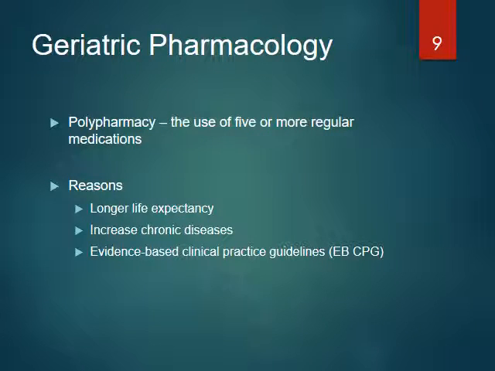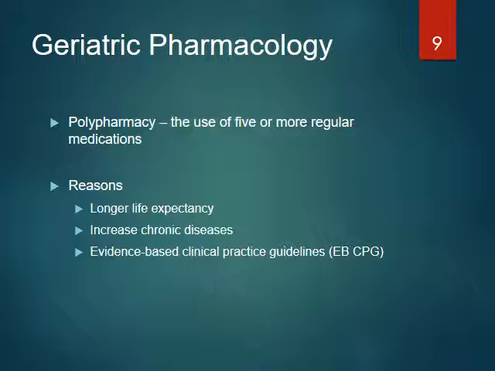So polypharmacy is going to be a big thing when dealing with geriatrics. We'll consider this to be the use of 5 or more medications on a regular basis. And as your patients are getting older, as they get more medically complex, you're going to be seeing that you're going to need more and more medications potentially to manage all their different disease states. And so you'll see some cases where medication use is certainly inappropriate.